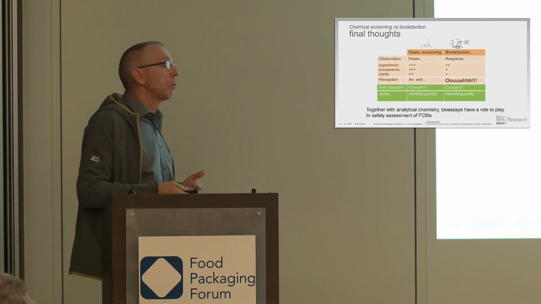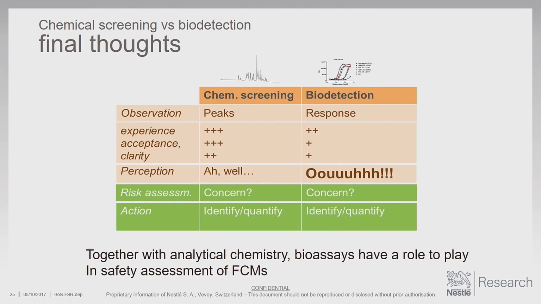So just to finish, if you look at all this business of packaging safety, a lot is driven by chemistry, and in chemical screening, like non-targeted chemical screening, you get peaks. People have a lot of experience in getting peaks, and it's widely accepted.